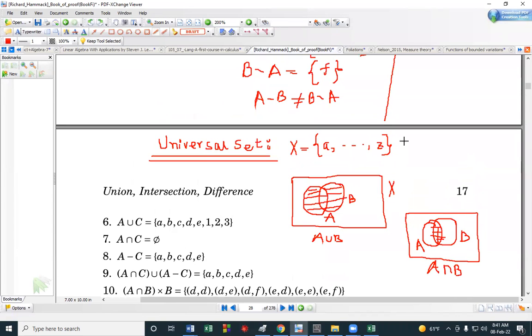What do you think, how do we represent the difference of A and B? Let's say this is your A set, this is your B set. What is A minus B then?